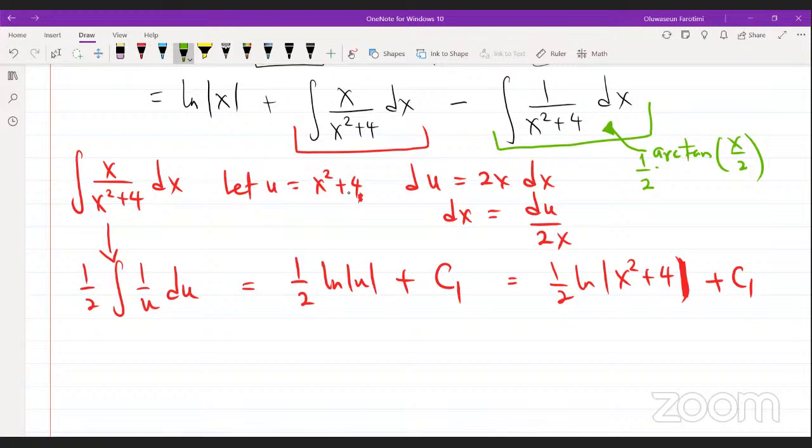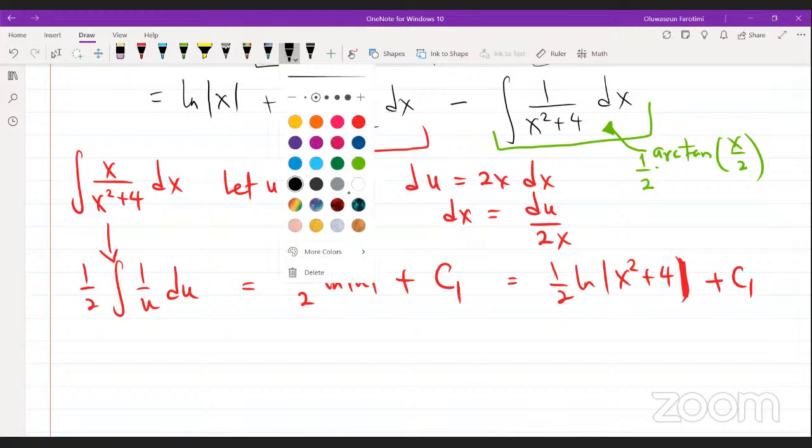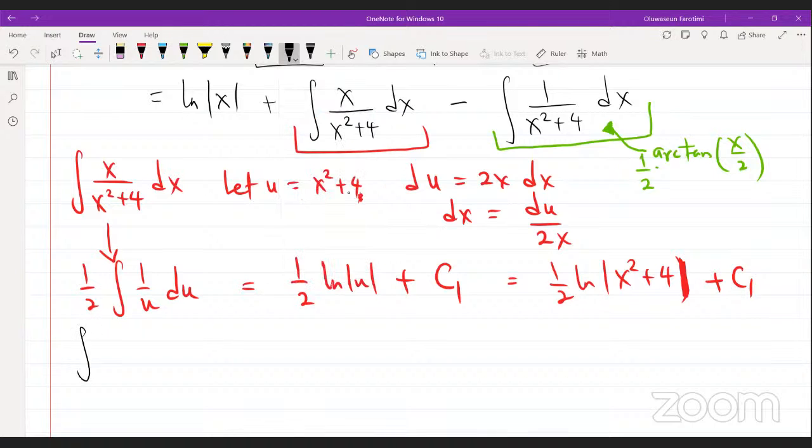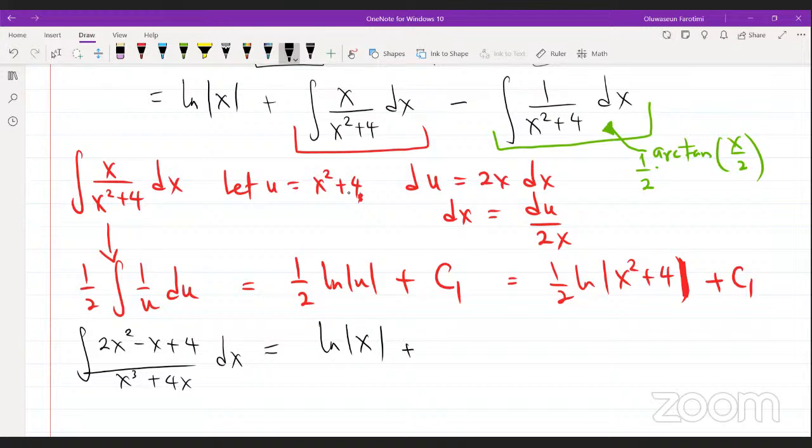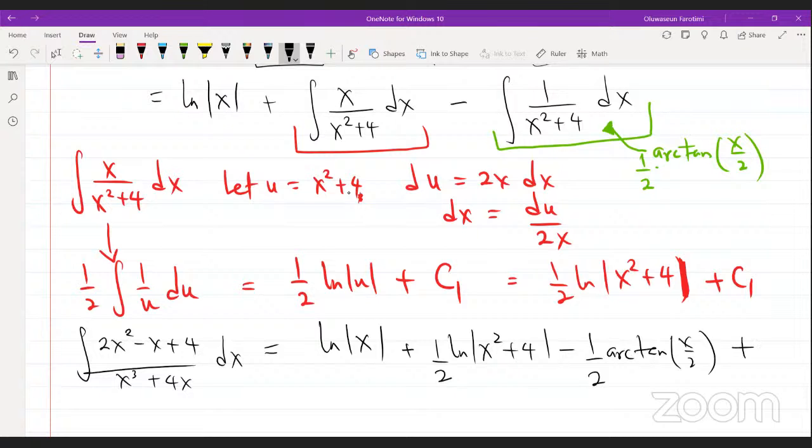Okay, so now let's go back, putting everything together. The integral of (2x squared minus x plus 4) over (x cubed plus 4x) dx is going to be equal to ln of the absolute value of x plus 1/2 ln of (x squared plus 4) minus 1/2 arctan of x over 2, plus c.